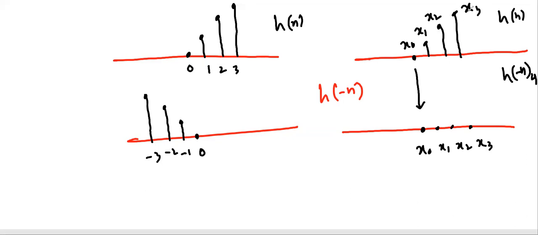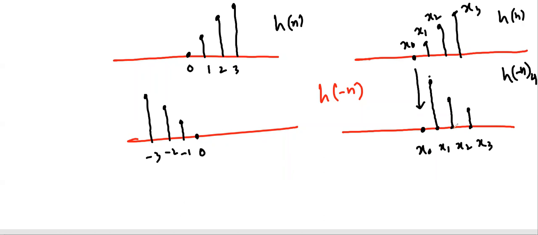As we have already shown earlier, this x1 will go to the place of x3. So it should look like this, and the x3 comes to the x1, the highest value, and the x2 remains at its original place.